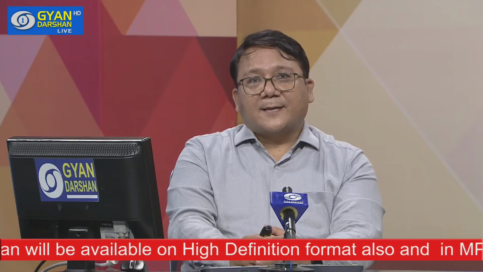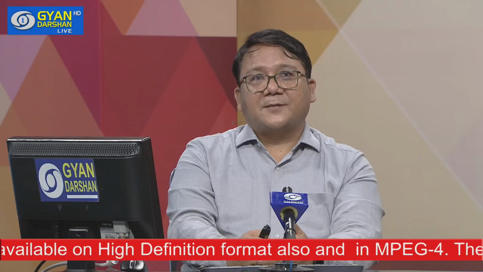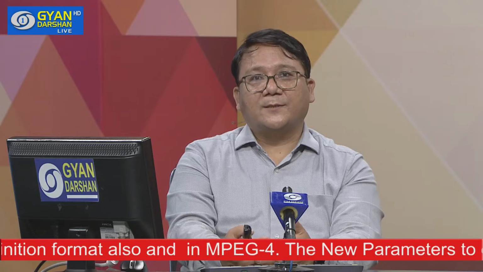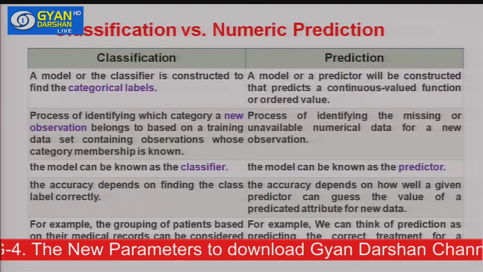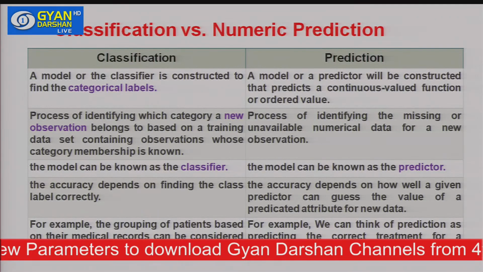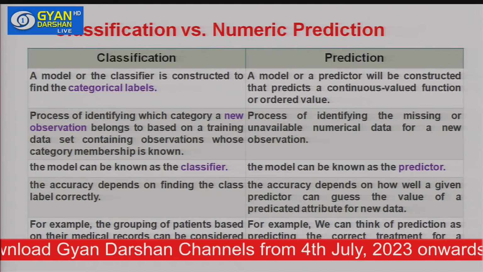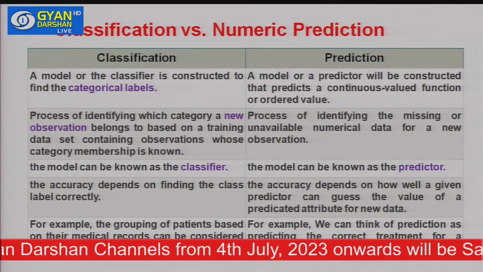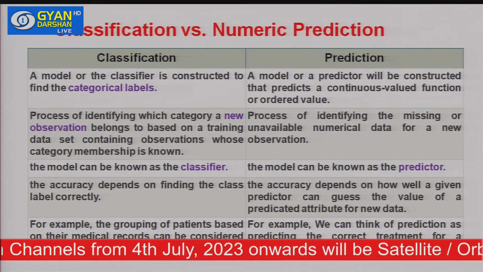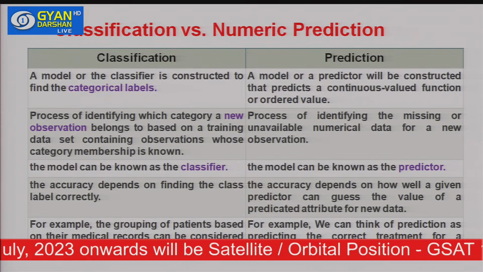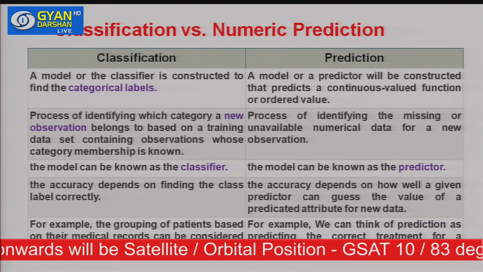Now let's understand the difference between classification and prediction, because most of the time we get confused about whether we are actually using a classification model or a prediction model. One very clear difference one can see in the very first line here. Classification builds a classifier, or a kind of model, based on categorical labels, right?